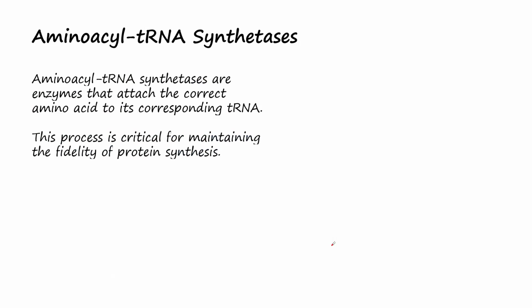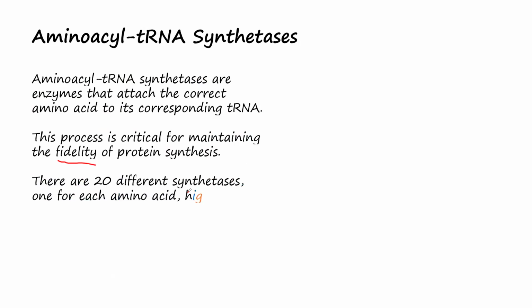And this process is critical for maintaining the fidelity of protein synthesis, because if an amino acid wrongly attaches itself to a non-corresponding transfer RNA, then there is a likelihood there will be a problem and there will be no fidelity. But because of these different enzymes, which are specific to each transfer RNA, different amino acids will be attached to their corresponding transfer RNAs and used for protein synthesis.